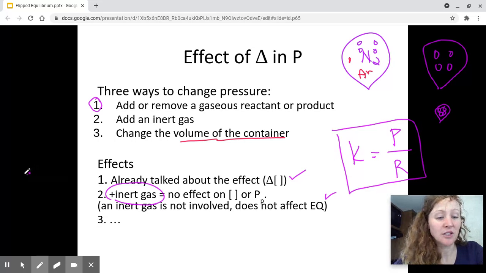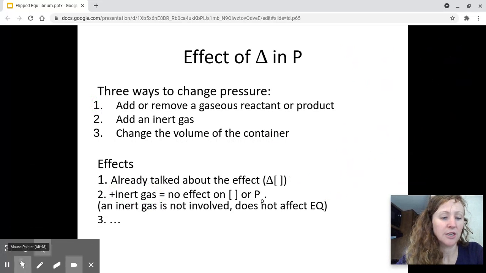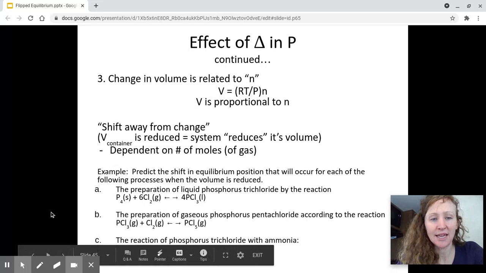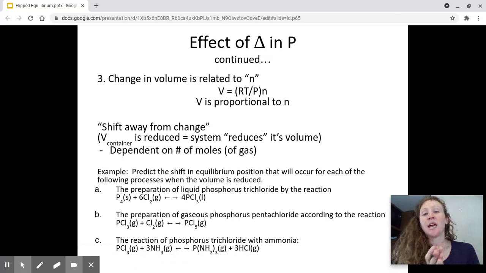Okay, let's take a look at number 3, changing the volume of the container. In this case, we're again going to see the effect of Le Chatelier's principle. It's going to shift away from the stressor.